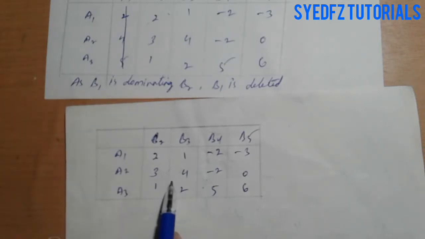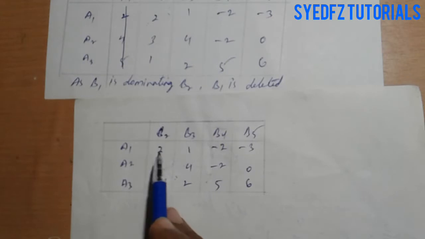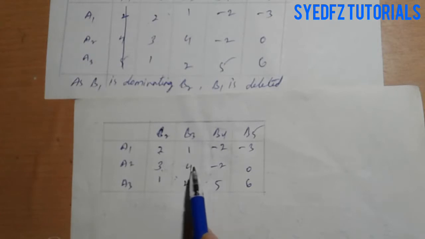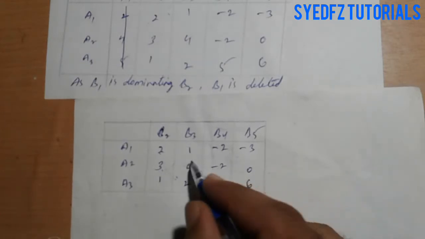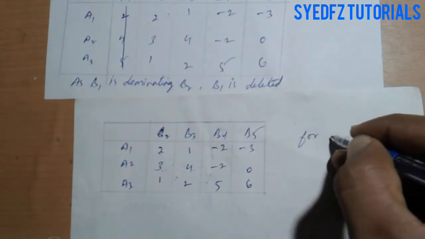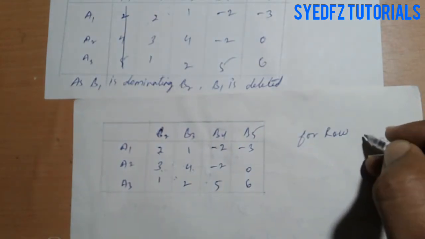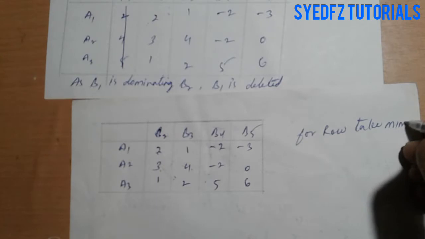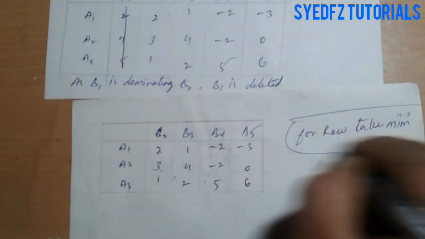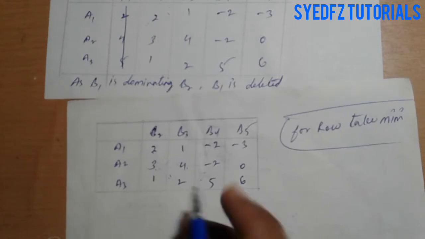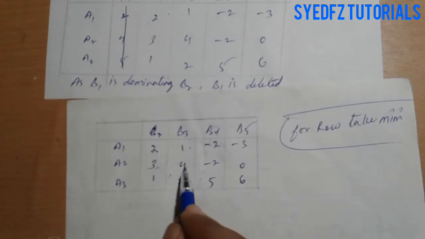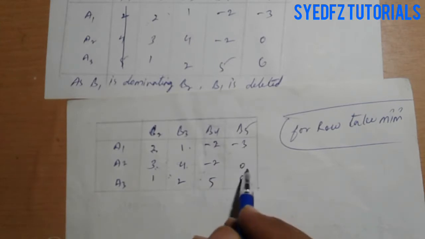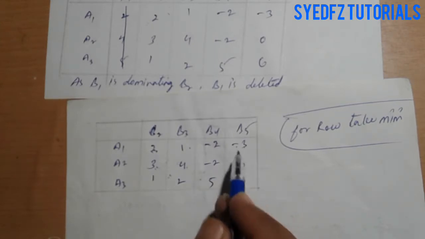Here we take the minimum: 2 is less than 3, 1 is less than 4, and minus 3 is less than 0.